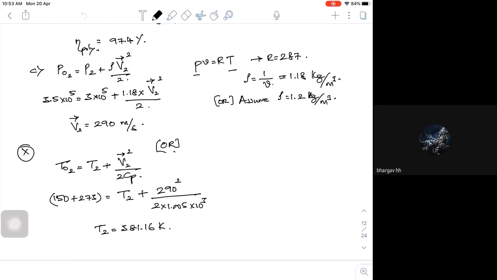From that particular equation, T2 is given. Find the value of V2. That V2 you substitute in the previous equation and get the corresponding static pressure. So both the way, either T2 is given or P2 is given. Find V2 and get back to the previous. So both the way, this is an extra thing. So for some numericals, this may be helpful.